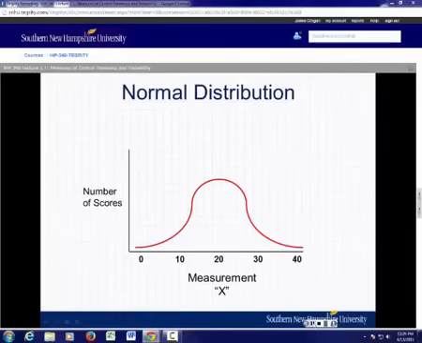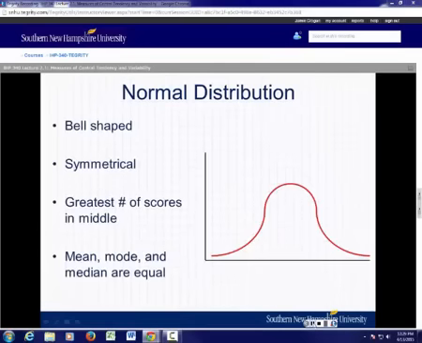For nearly everything that can be measured, if you measure enough people, the scores will begin to look normally distributed, with scores clustering around the middle and then tailing off at either end. Therefore, the characteristics of a normal curve are stated here. The curve is bell-shaped.